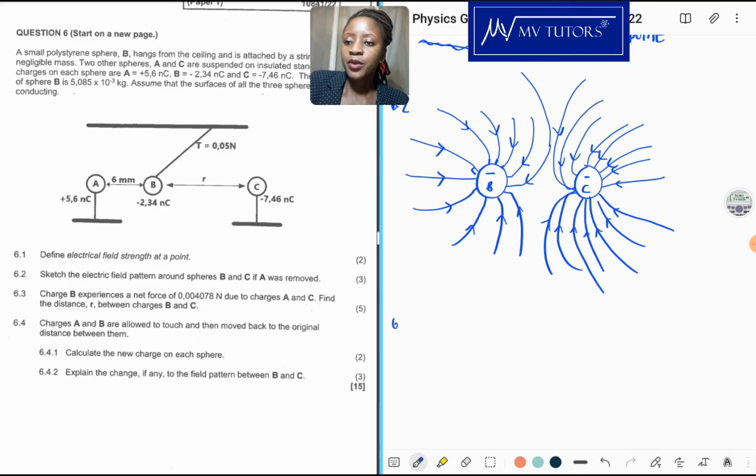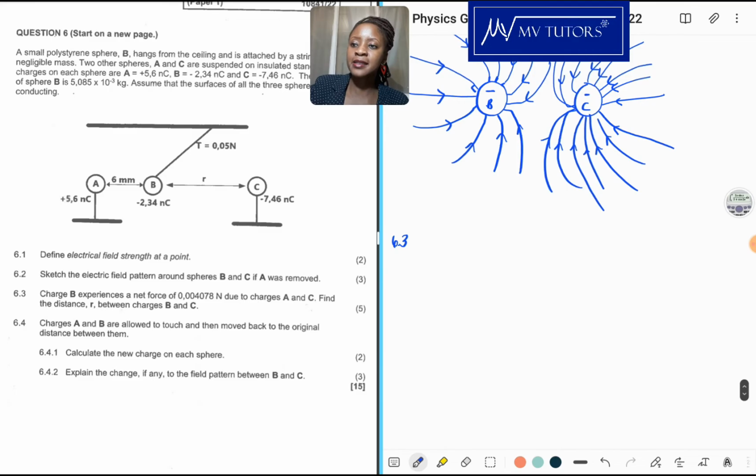Okay, now 6.3. Charge B experiences a net force of 0,04 Newton due to charges A and C. No pun intended. Find the distance R between charges B and C. So you would firstly get the force of A on B, because it's an attractive force.